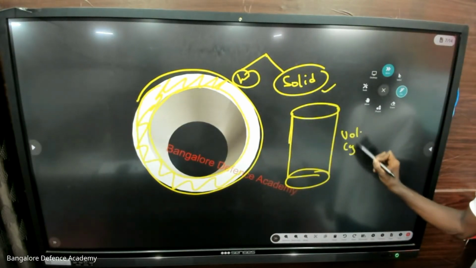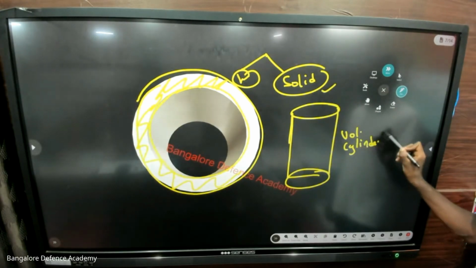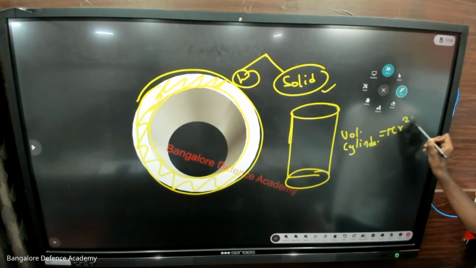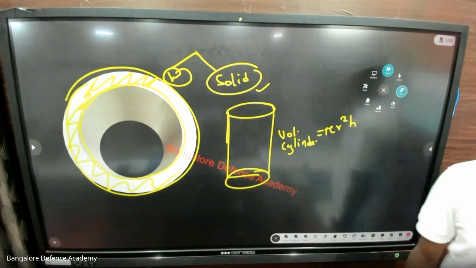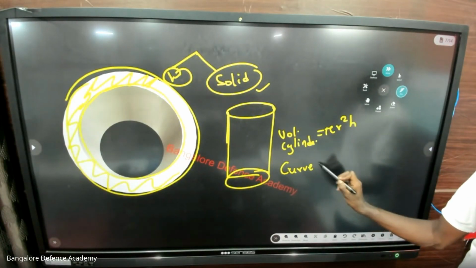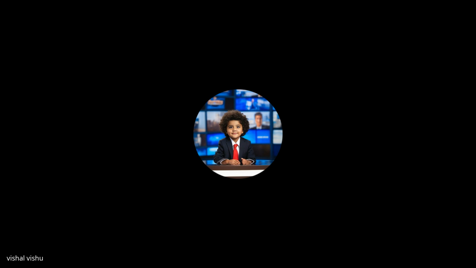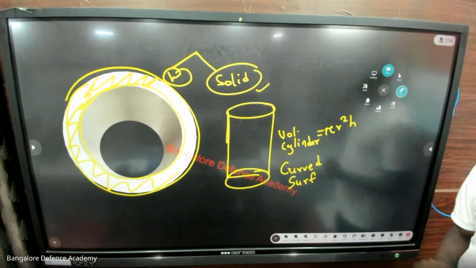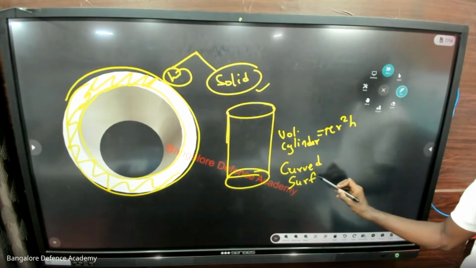Volume of cylinder: pi r square h. I am writing on the board. Just see that.